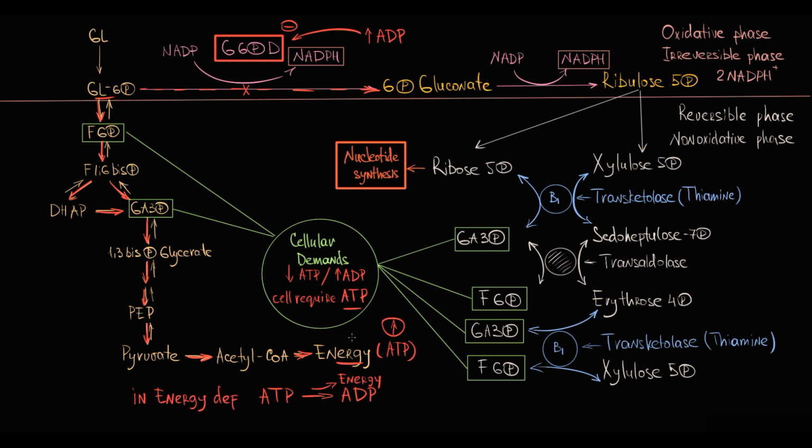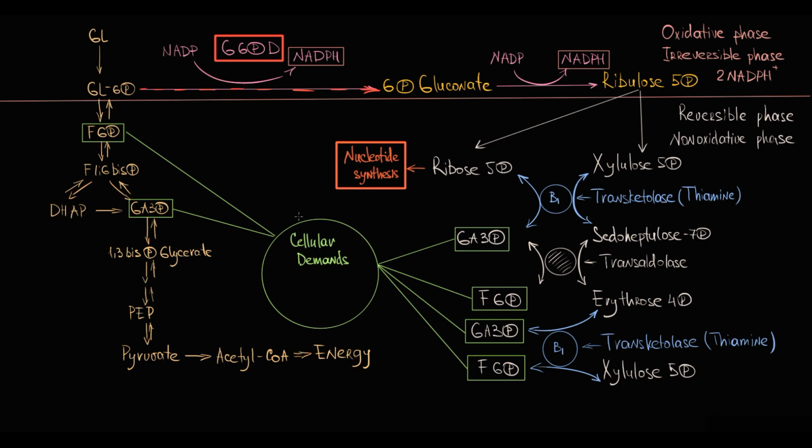energy deficiency. And obviously, in an energy-saturated state, ATP level in tissue is high, so the cell does not require additional energy, and this permits the use of glucose 6-phosphate for NADPH production that will provide NADPH molecules for fatty acid synthesis, and also provide ribose 5-phosphate for nucleotide synthesis.